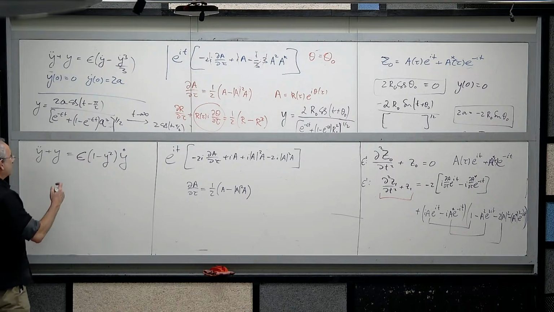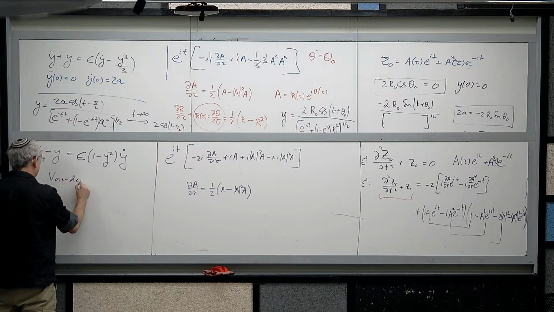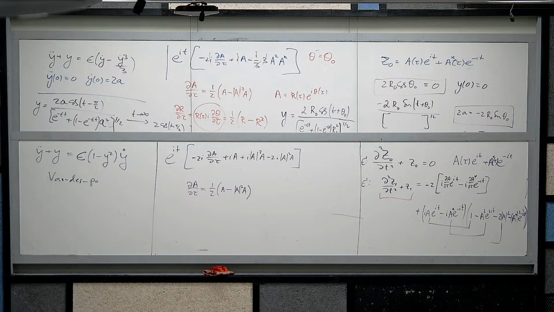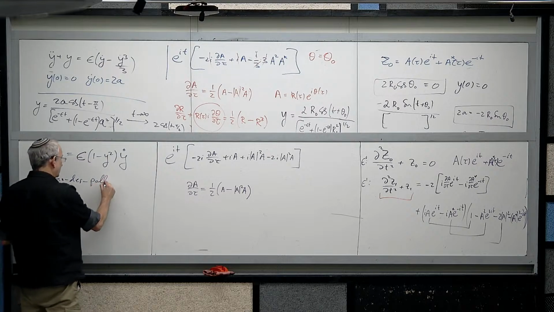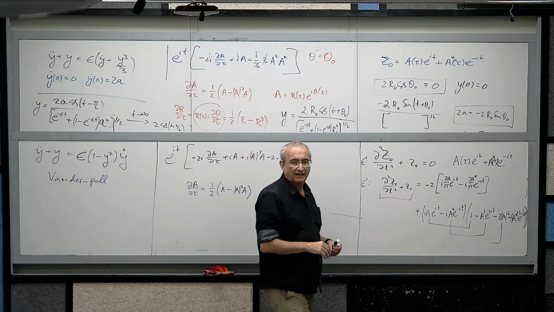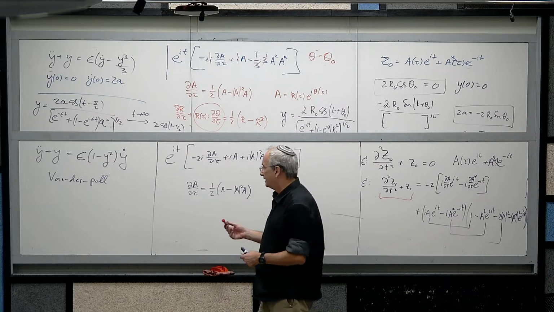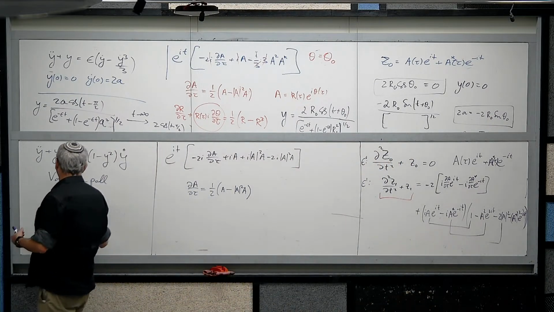Okay? So this is called the van der Pol oscillator. And both this and the Rayleigh oscillator are examples of a system that supports a limit cycle.